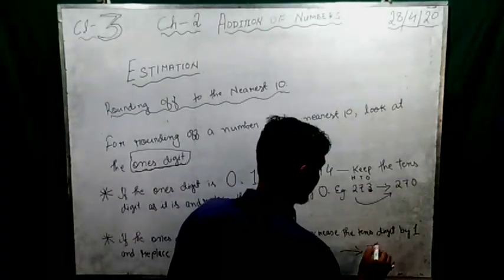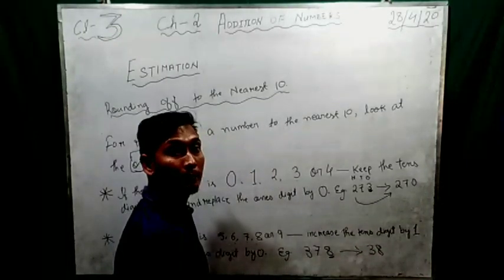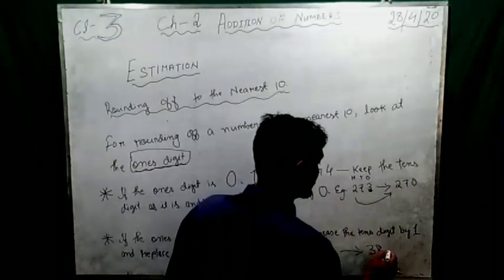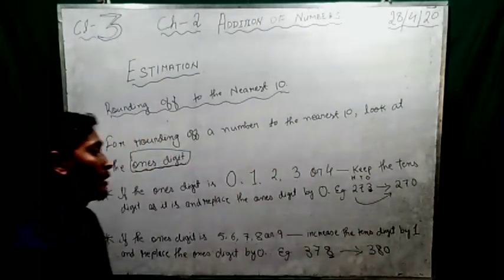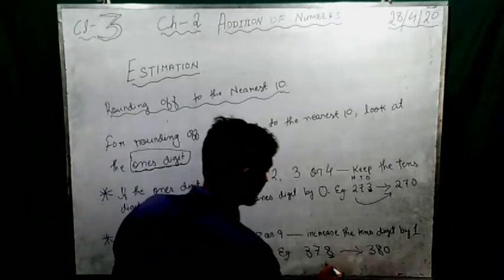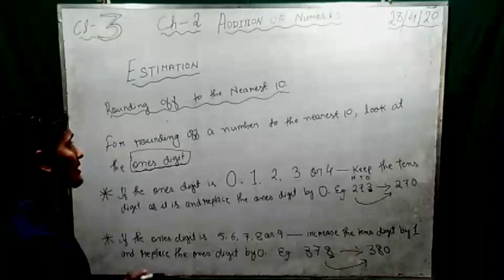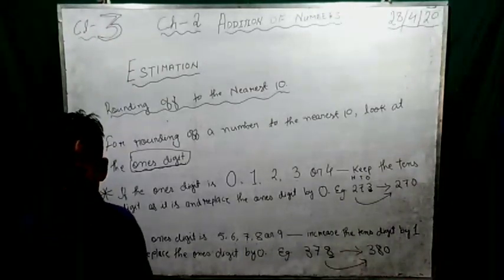So 3 will remain 3 and 7 will become 8 and the ones digit will become 0. So this is the nearest ten. Clear?